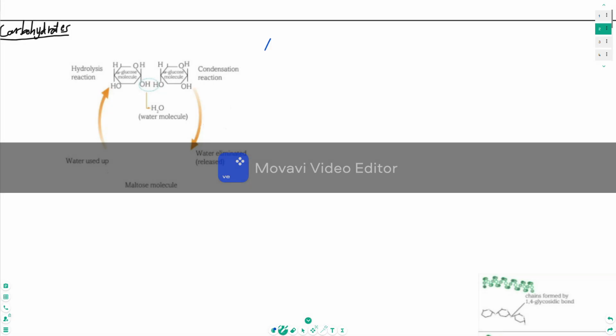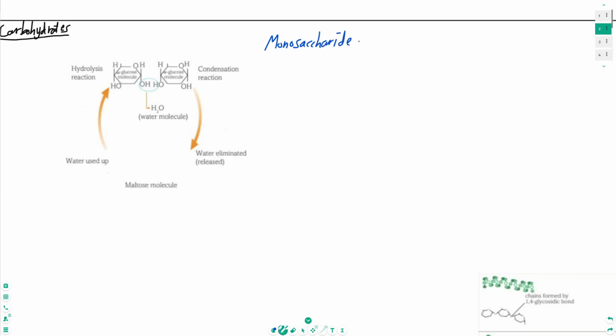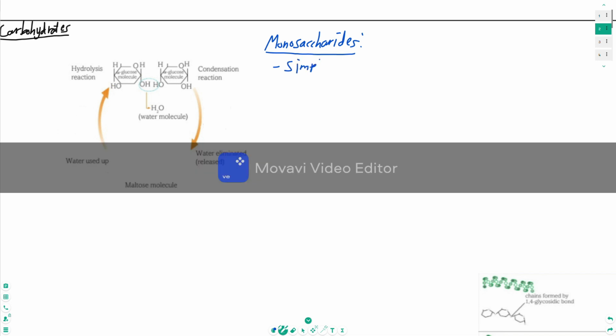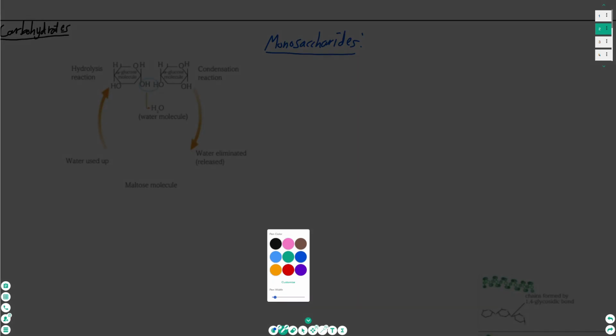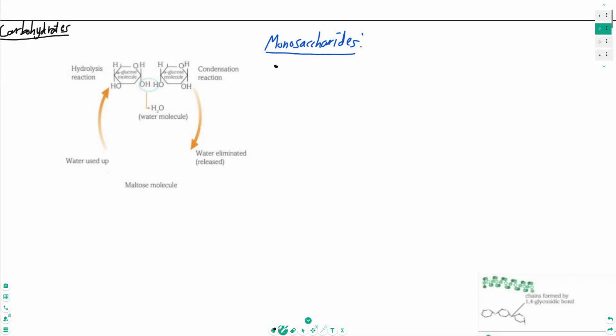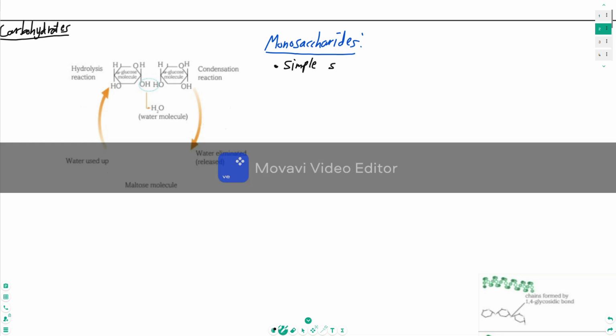Monosaccharides are the simplest carbohydrates, simple sugars.